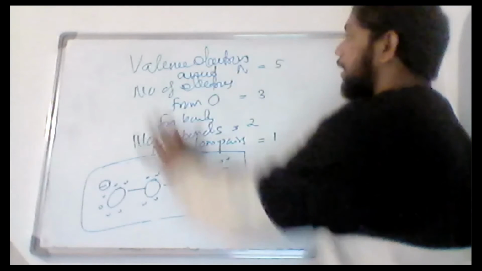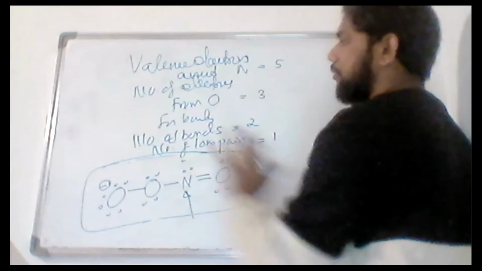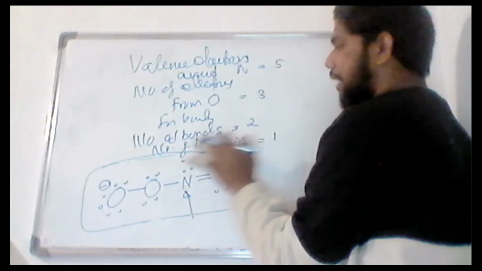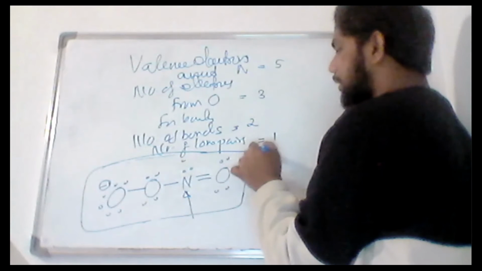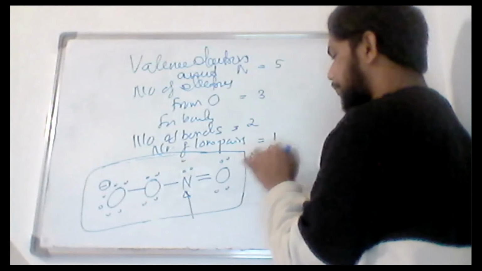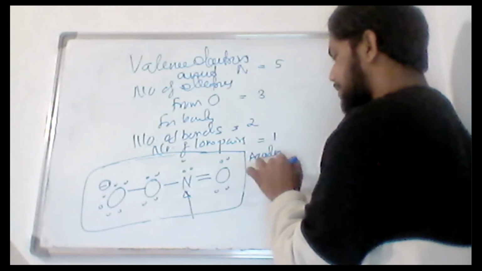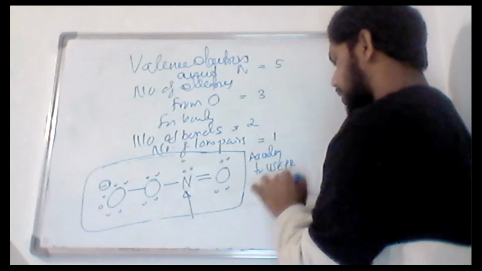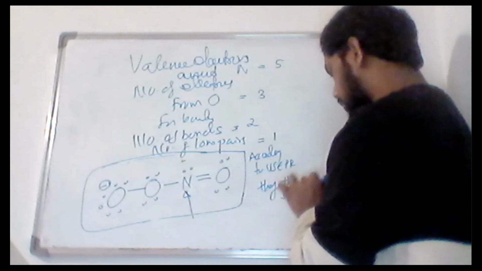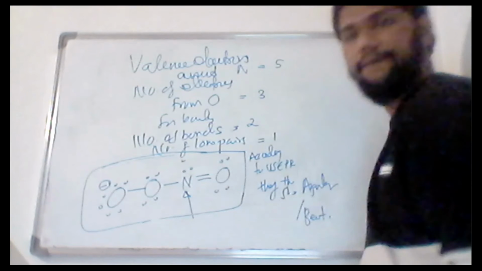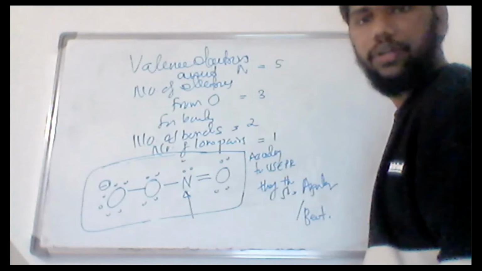So this is the general way of writing. So you have 2 bond pairs and 1 lone pair, and the shape, you can write according to VSEPR theory, the shape is angular or bent. Okay, you can write like this, angular or bent.